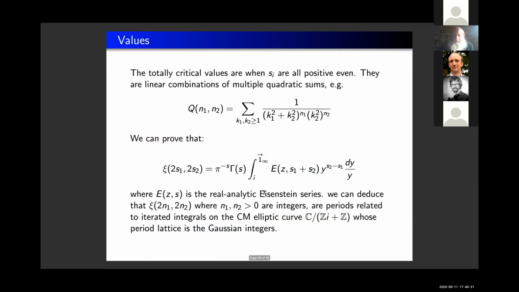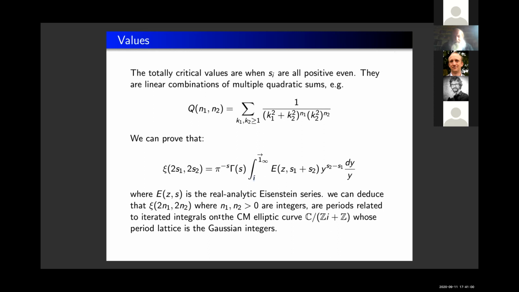It's quite fun. In any case, if we put s_i to be integers, we deduce that the totally even values are Eichler integrals of not real analytic Eisenstein series, but holomorphic Eisenstein series, from i to infinity. If I were to integrate from 0 to infinity of a holomorphic Eisenstein series, I would get a power of pi, or I'd get an odd Riemann zeta value. But here we're going to integrate from i to infinity.